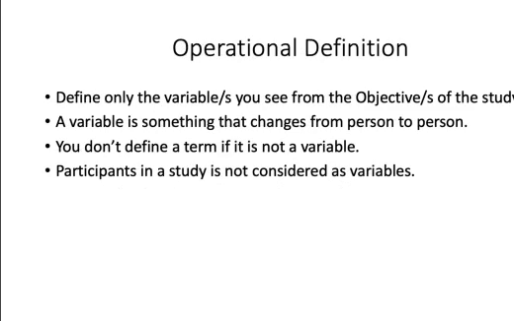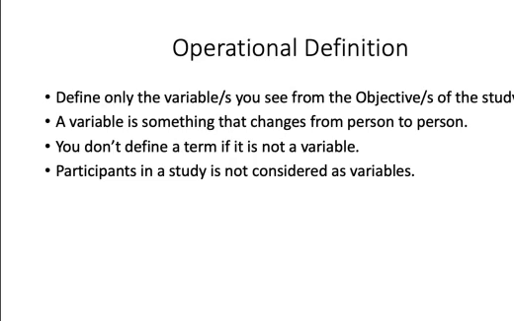Now, let's talk of operational definition. In the operational definition, you need to understand that you only define the variables that you see from the objectives of the study. And a variable, as we have discussed to you, is something that changes from person to person.